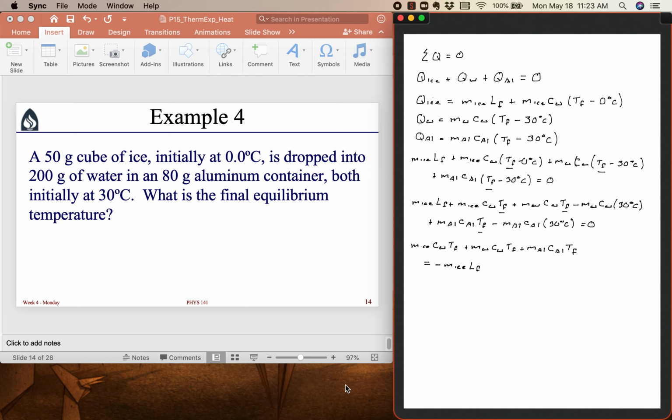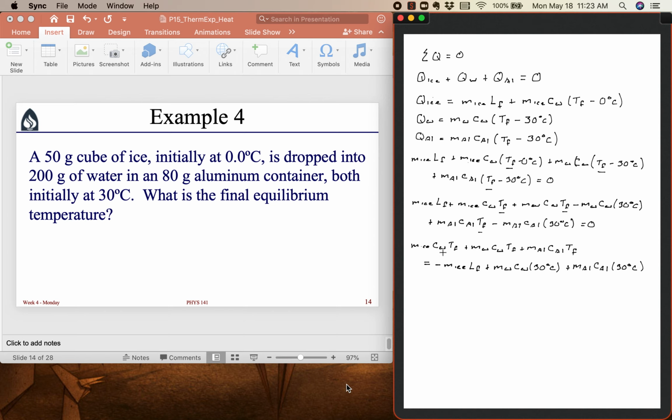Let's see, then there's this term plus mass of the water, specific heat of water times 30 degrees Celsius. And then finally there's this term plus mass of the aluminum, specific heat of aluminum, 30 degrees Celsius.